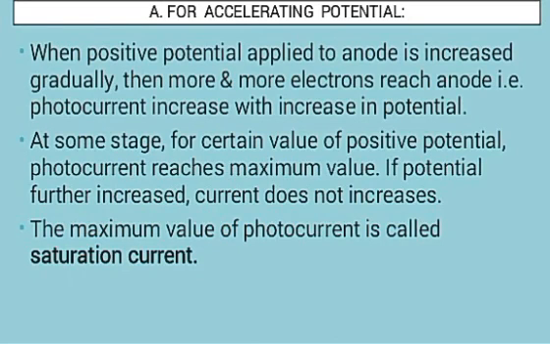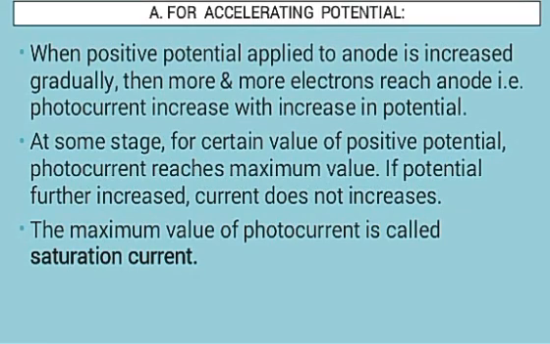First one is for accelerating potential. Here, when positive potential applied to anode is increased gradually, then more and more electrons reach anode. So photocurrent increases with the increase in potential.